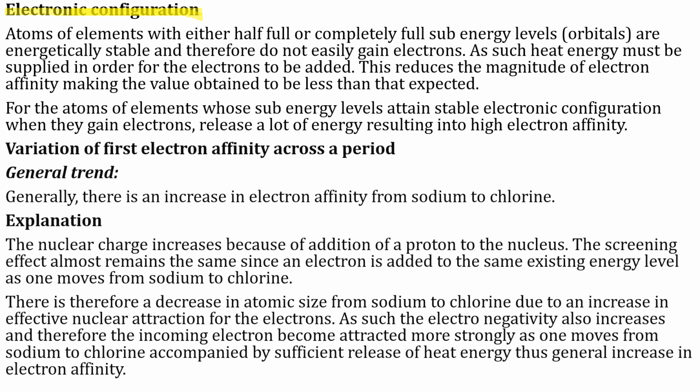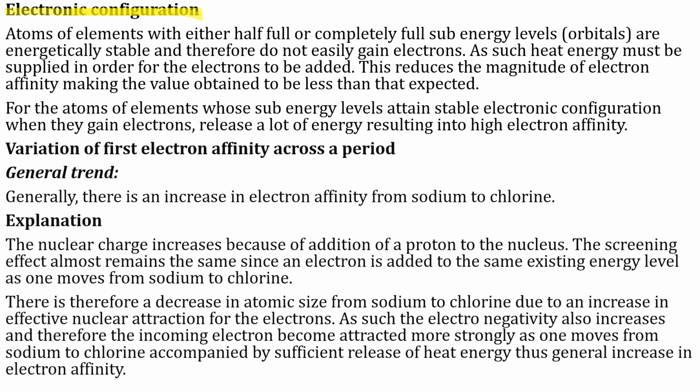In ionization energy, we are looking at removal of an electron. So what's going to change here is the conclusion in terms of gaining electrons. So you're saying that atoms of elements with either half-full or completely filled sub-energy levels are energetically stable and therefore do not easily gain electrons. As such, heat energy must be supplied in order for the electrons to be added.